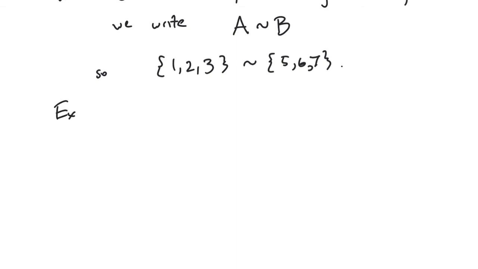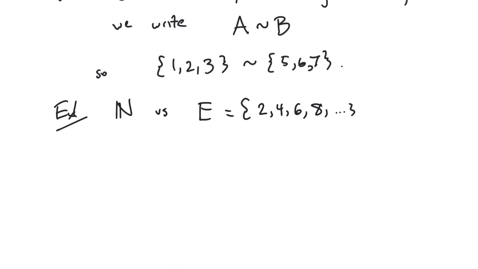How about N versus, I'm going to call this set E. And E, I'm going to write as the set of even numbers, 2, 4, 6, 8, etc. All right? Welcome back. Do these have the same cardinality or not?